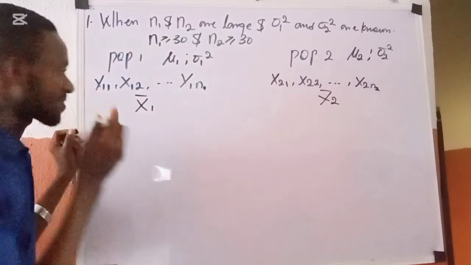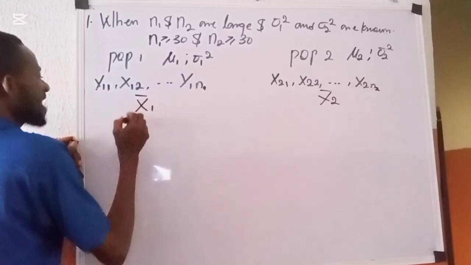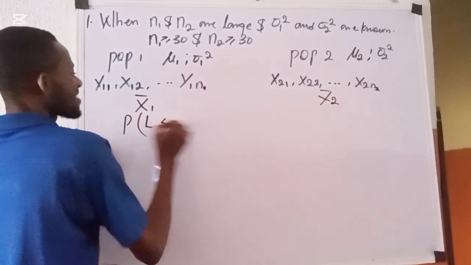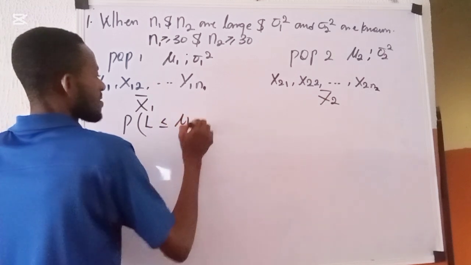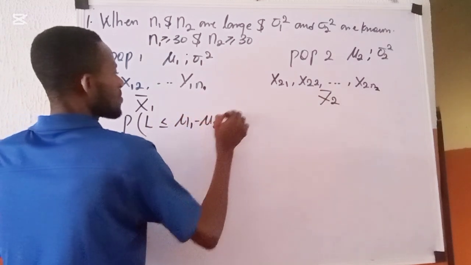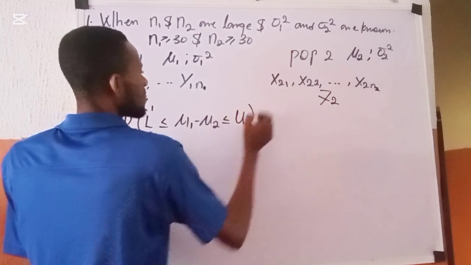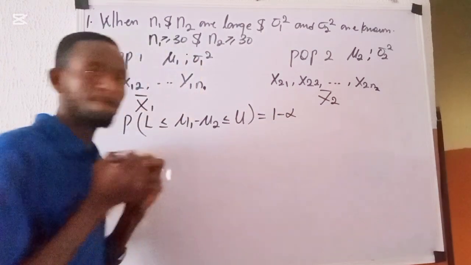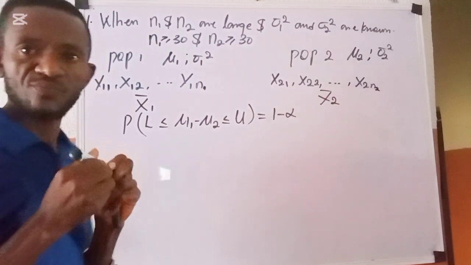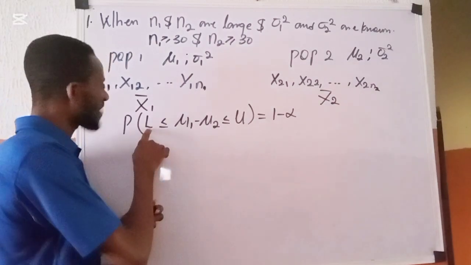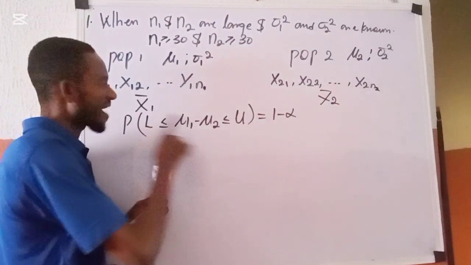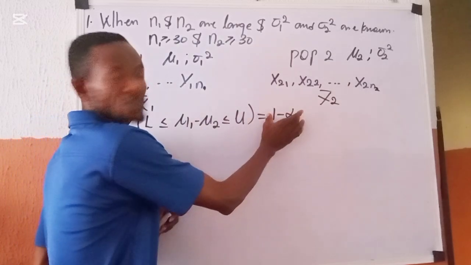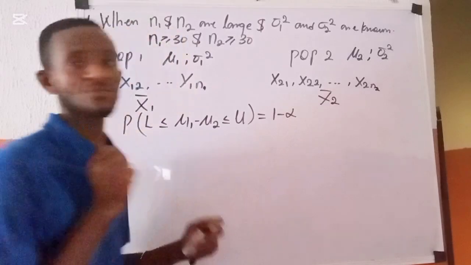Your interest is the probability that L is less than or equal to mu 1 minus mu 2 less than or equal to U, with probability 1 minus alpha. How do we get the true value of this L and the true value of this U to satisfy this condition?